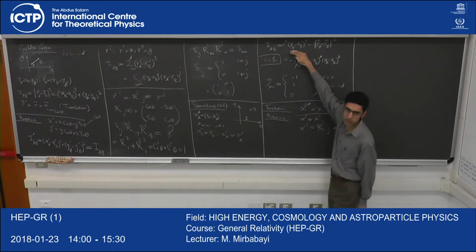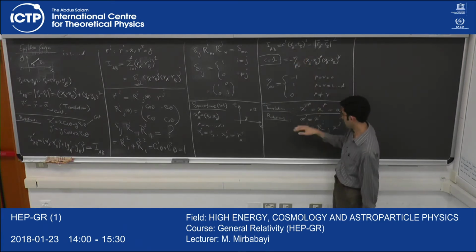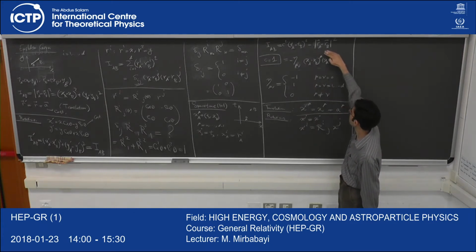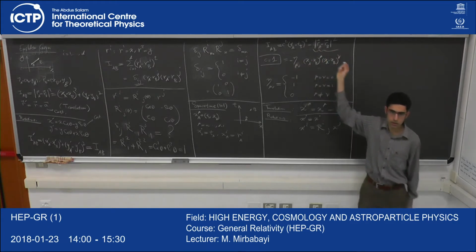This term obviously is invariant because it's just the difference of the time components, which are unchanged by the rotations. And then this term is our Euclidean distance that we discussed before.